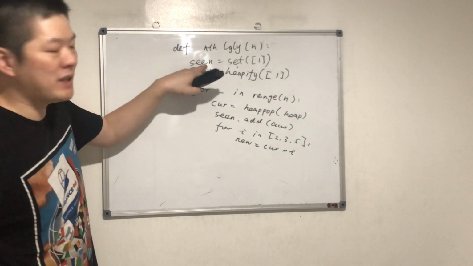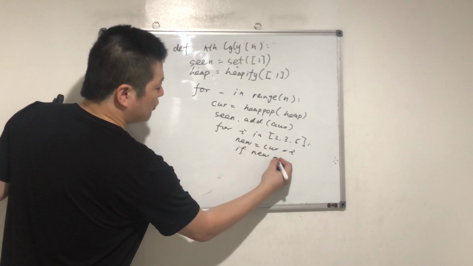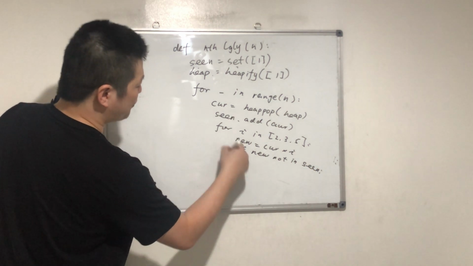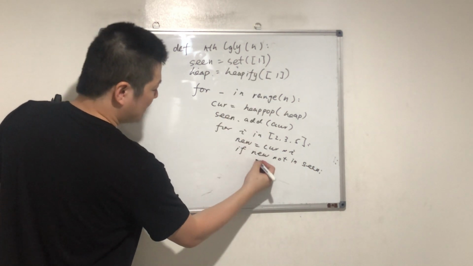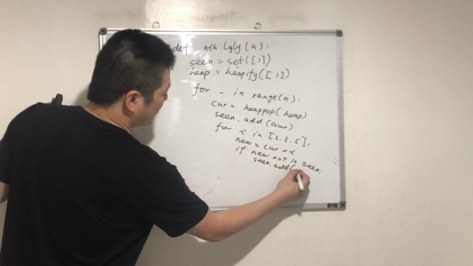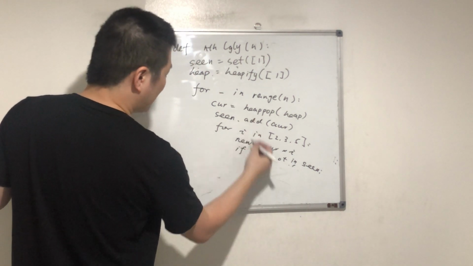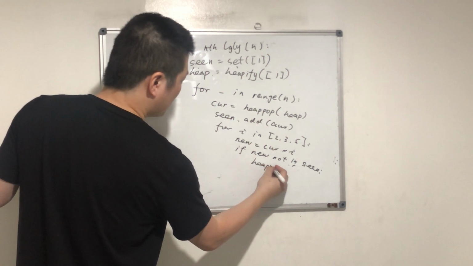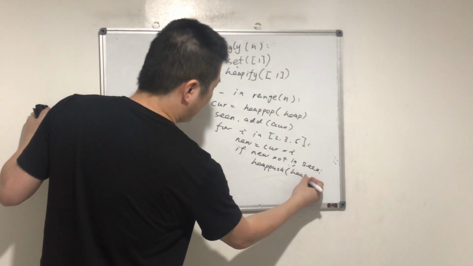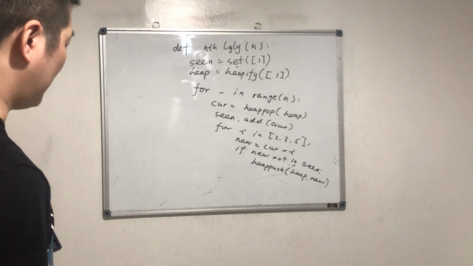But if it's not been seen before, if new not in seen, then I need to push it to the heap. Then I need to add it to seen, so I remember this number. Actually, I just need heappush onto the heap the new number.